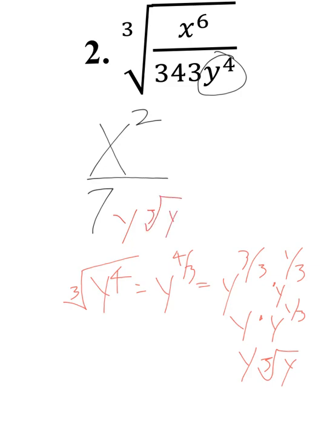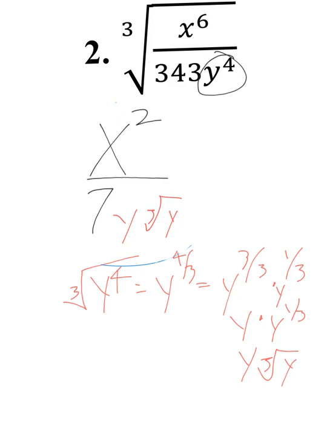Okay, now typically we'd say, hey, that's the answer. The fun part is we have a radical left over on the bottom of our fraction, and you can't have a radical left over on the bottom of our fraction. So you got to go back, erase that circle, because this is not your final answer.